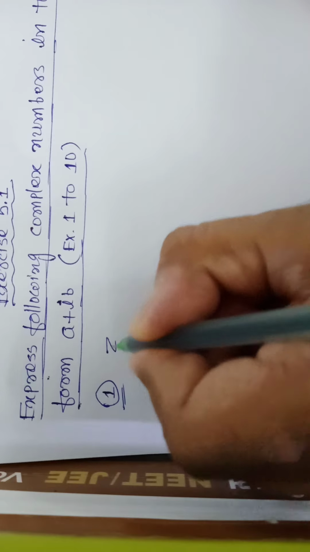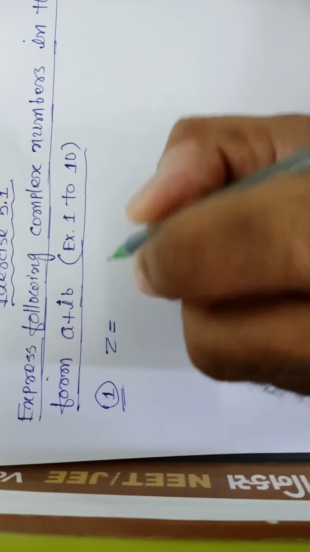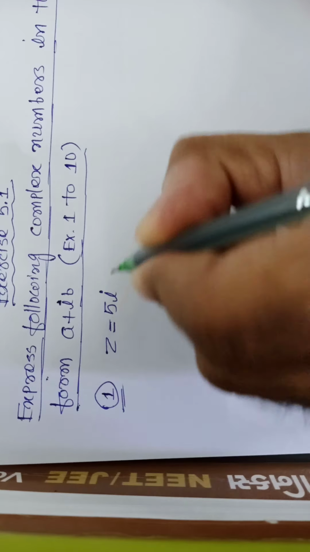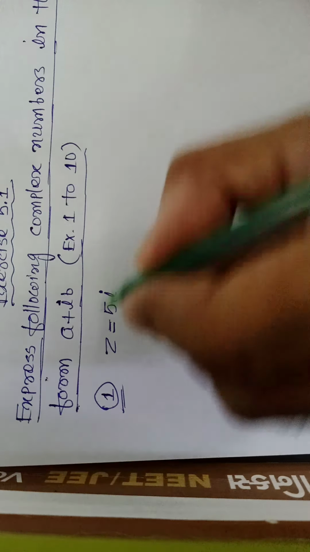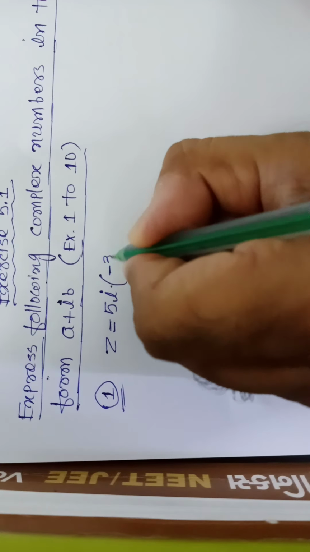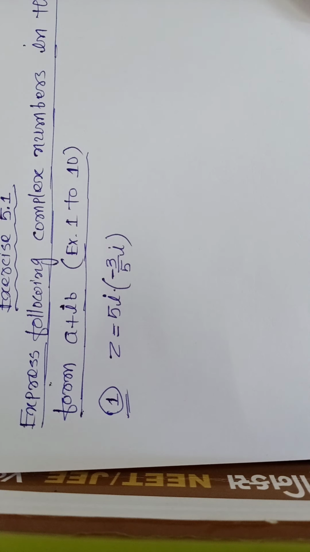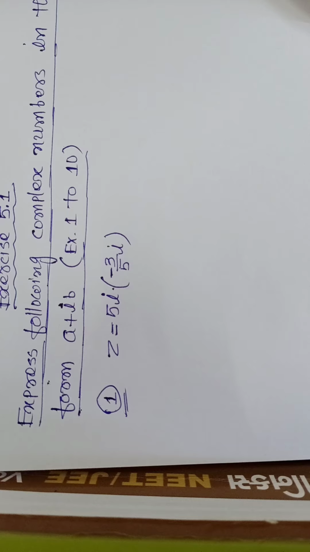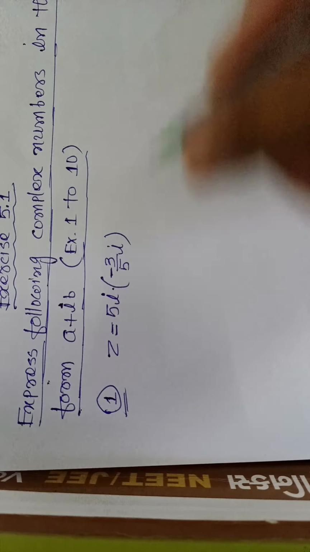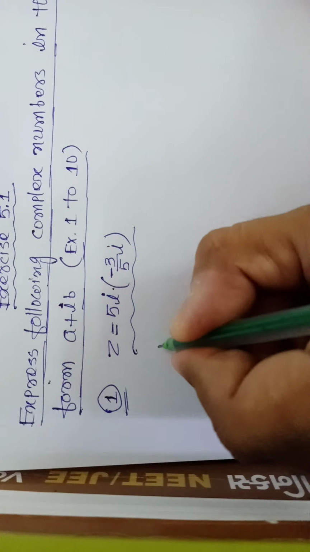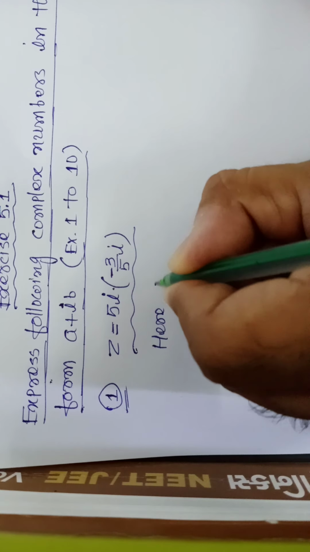So the first one, as per your textbook, the first question is this: z is equal to 5i into bracket minus 3 by 5 into i. This is the given thing, 5i into minus 3 by 5 into i. And let me multiply this result easily. So here, what is this complex number z?